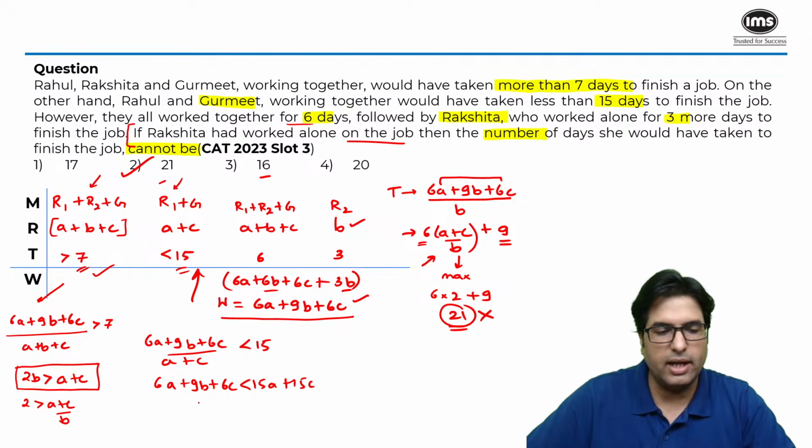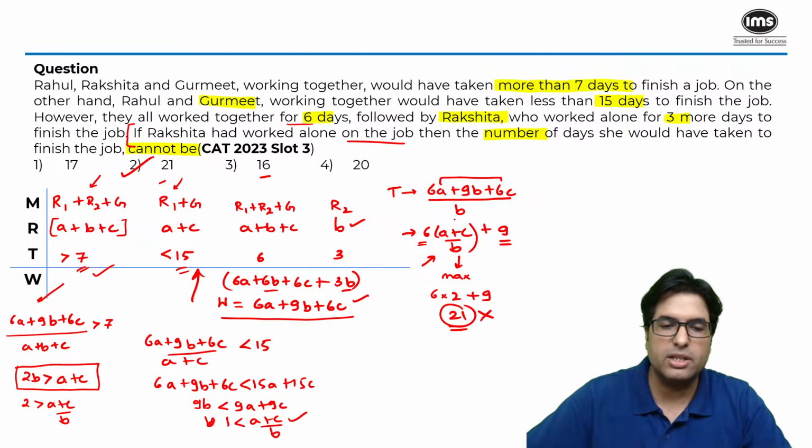So effectively we'll have 9b less than 9a plus 9c, or with 9 getting cancelled, 1 being less than a plus c by b.